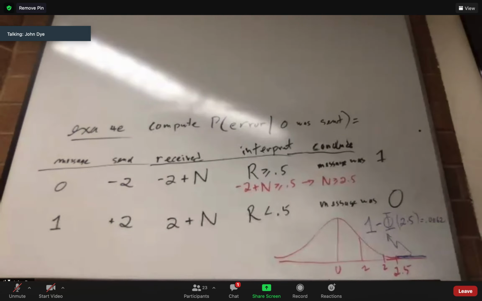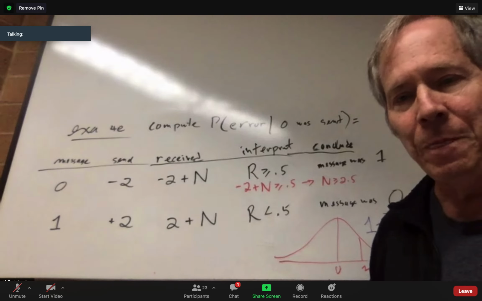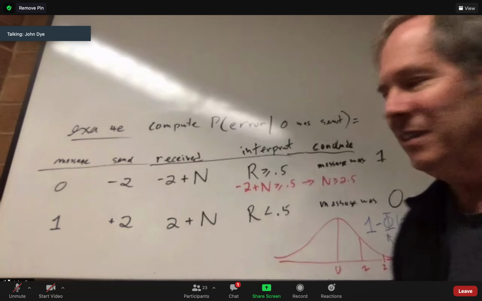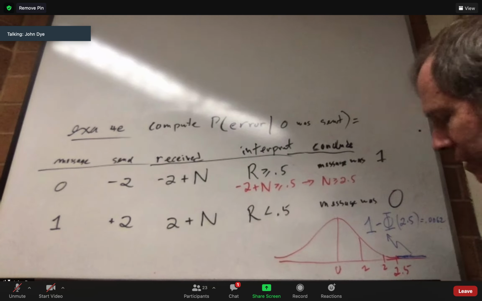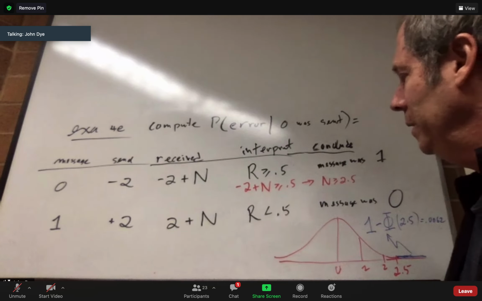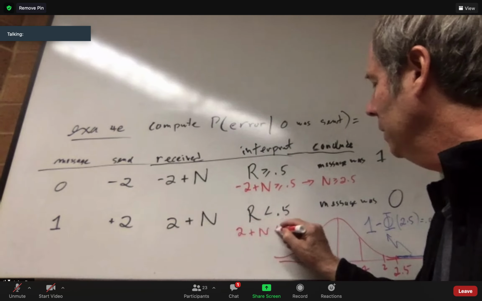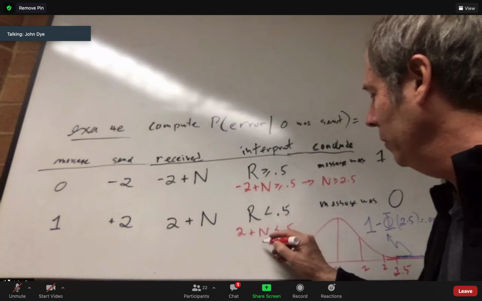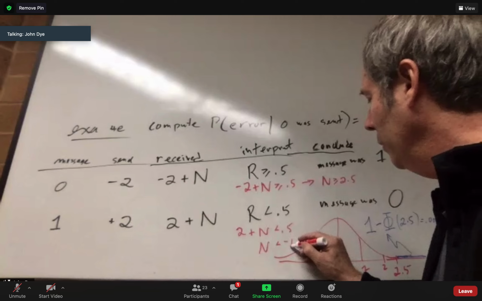Okay, so this is low. There have been some precautions here so that things aren't too long. What's the other one down here? This one would be 2 plus n less than 0.5, and you make an error when n is less than minus 1.5, right?